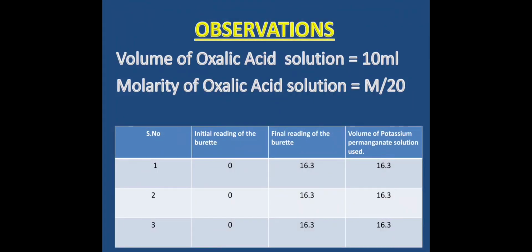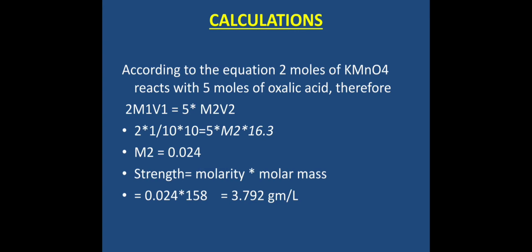Now the observations, calculation and the final result. In this we have taken oxalic acid 10 ml, and the molarity of oxalic acid is M by 20. The volume of KMnO4 consumed is 16.3. According to the equation, 2 moles of KMnO4 reacts with 5 moles of oxalic acid.